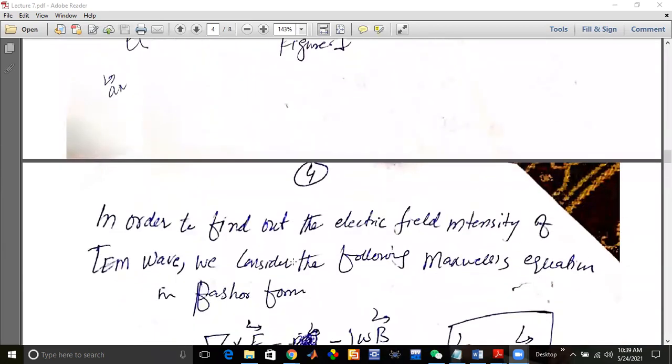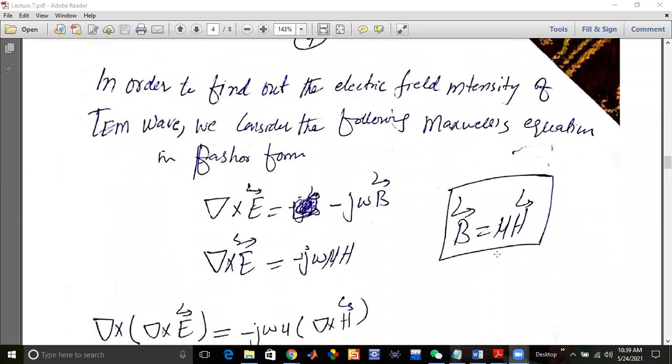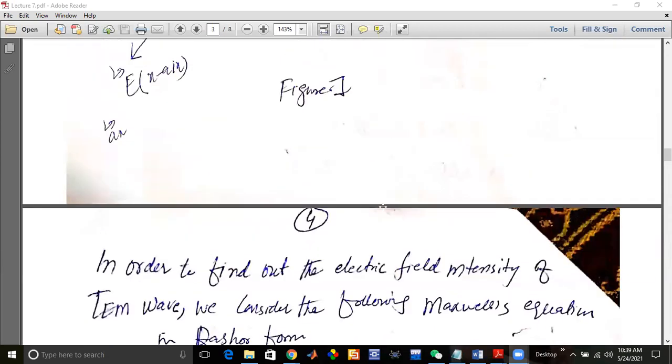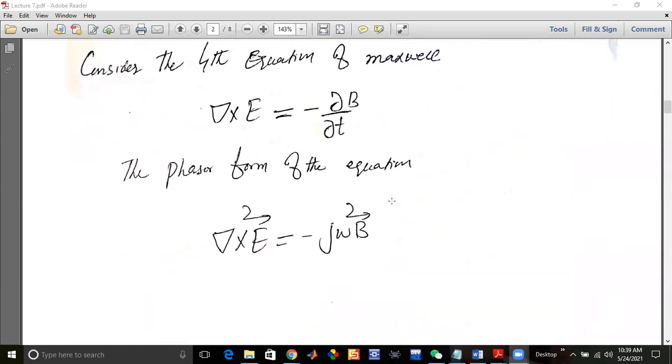In order to find the electric field intensity of the TM waves, we consider the following Maxwell equation in phasor form: the curl of the electric field intensity E is equal to minus j omega B. This was the equation we derived here.